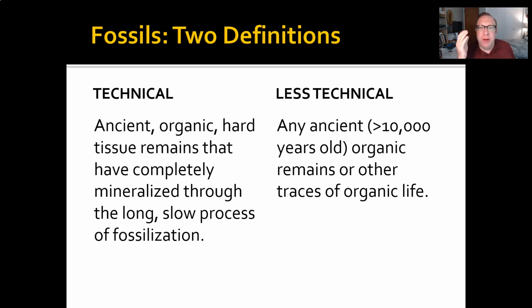Now, when we're talking about human evolution, not everything is old enough to have actually completely fossilized. And so we often use a looser definition in these contexts: really any organic remains, or other traces of organic life that we can find, that are greater than 10,000 years old.